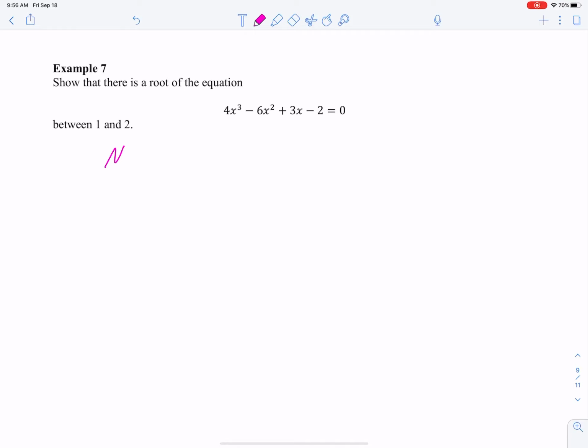In other words, we're going to let n equal 0. That's what we want to find, that there is some n value in there equal to 0. We know f of x is continuous since it's a polynomial, right?